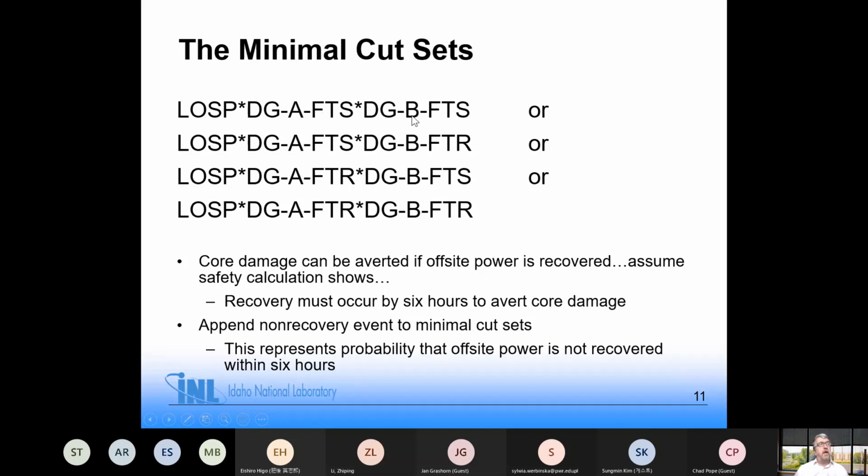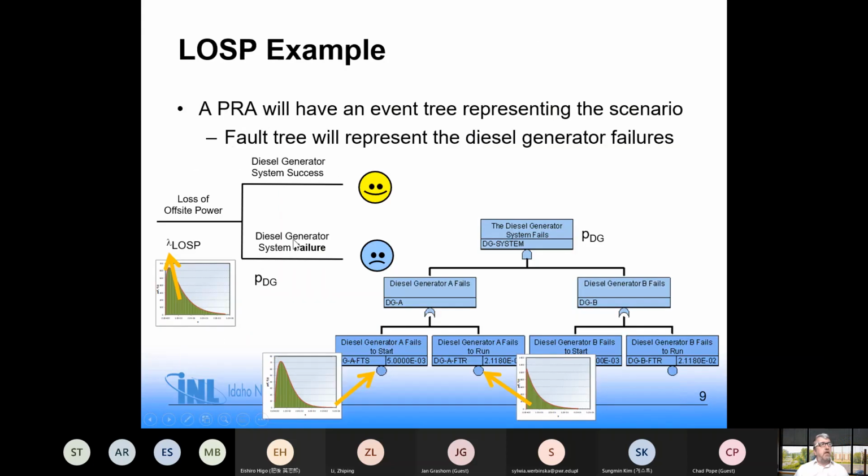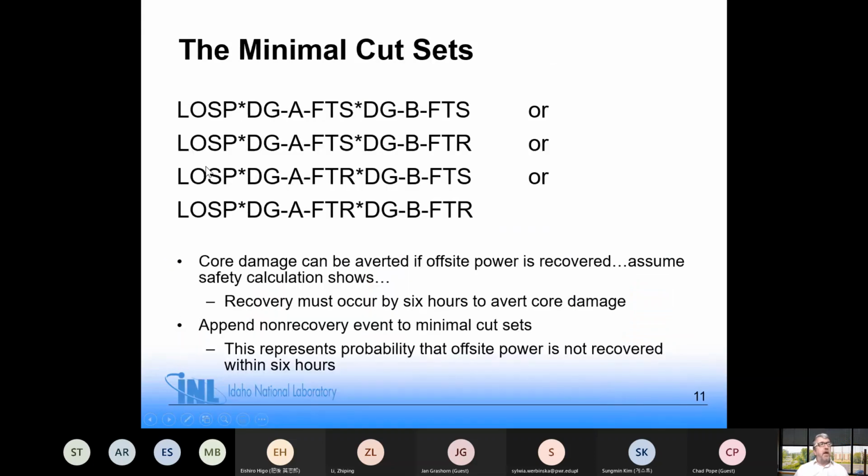So that's one way to get to this unhappy face in my model. Another way is offsite power loss, fails to start, fails to run, or A fails to run, B fails to start, and then lastly, A fails to run, B fails to run.